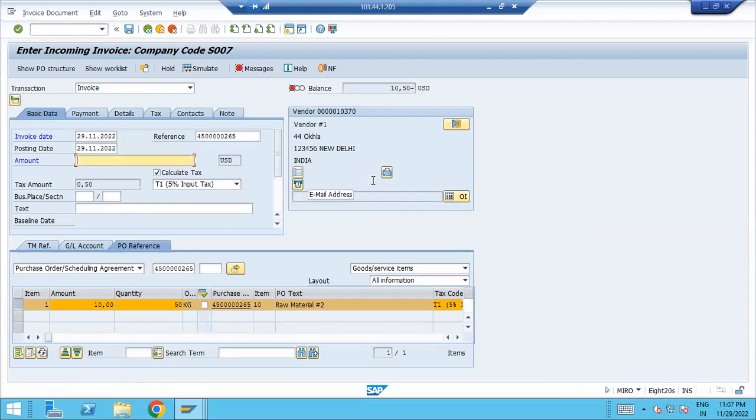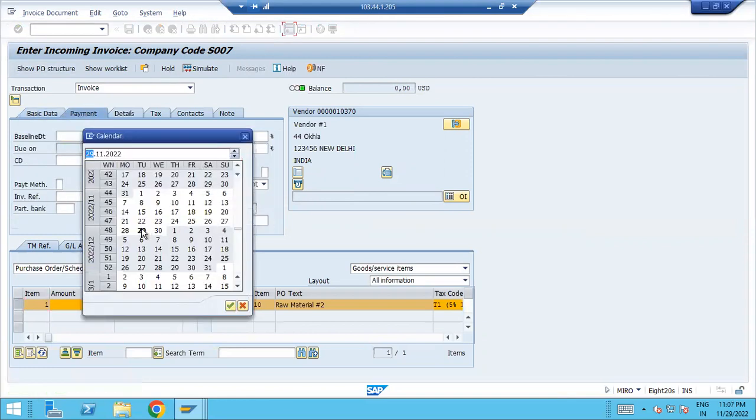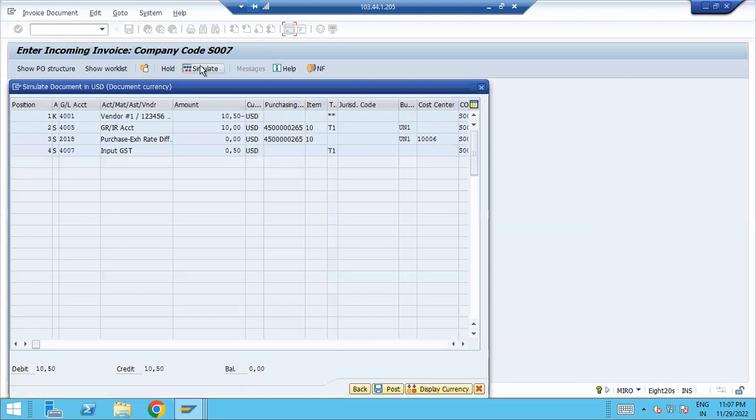So here in the accounting entry, the GRIR account is going to be debited, the vendor is going to be credited, and some difference will be there because of the exchange rate. Let's see. So this will be 10.50 as my invoice amount. So GRIR account is debited; initially it was credited with 10 USD.